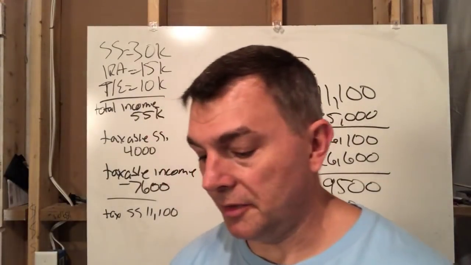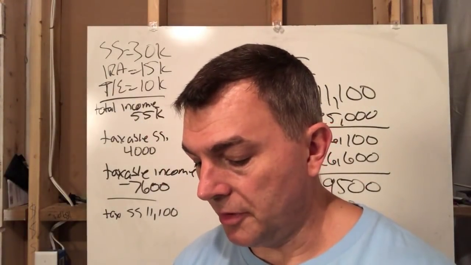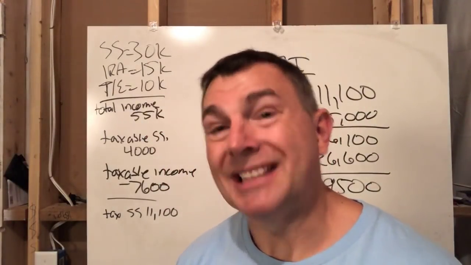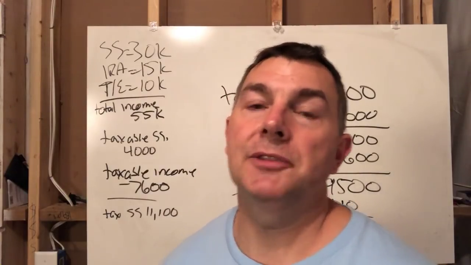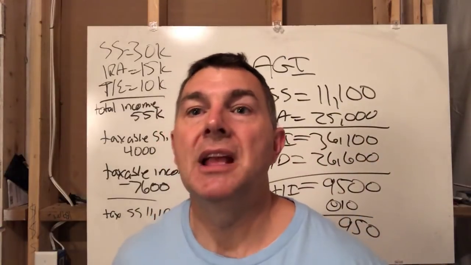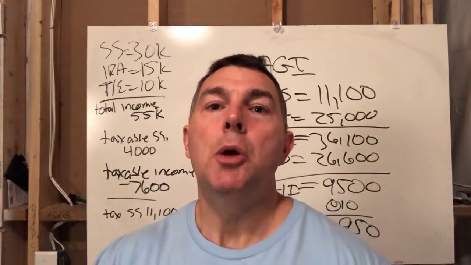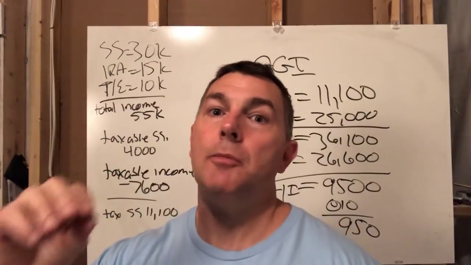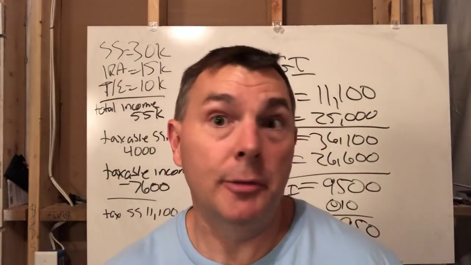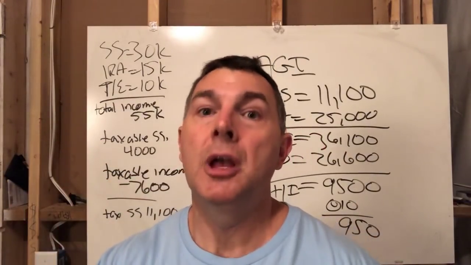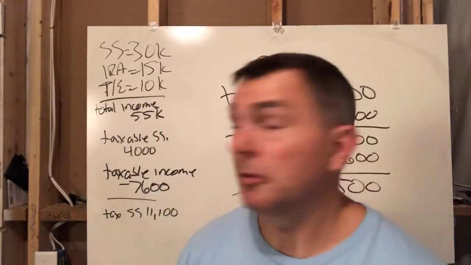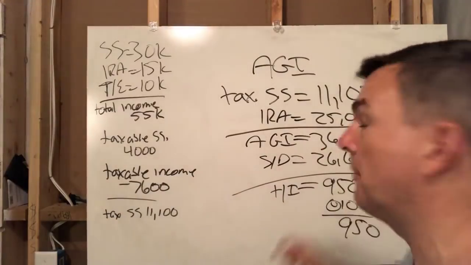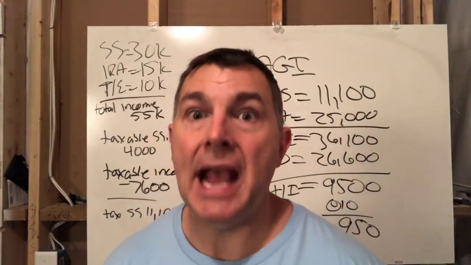So now we've got 7,600 plus 9,500, which is $17,100 more of taxable income with a $10,000 IRA distribution, my friends. That's the tax code. We didn't increase our taxable income by $10,000. We increased it by about $17,000, because we had negative before and now we've got positive.